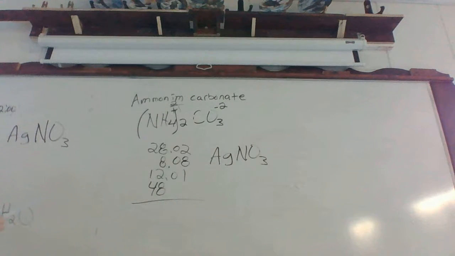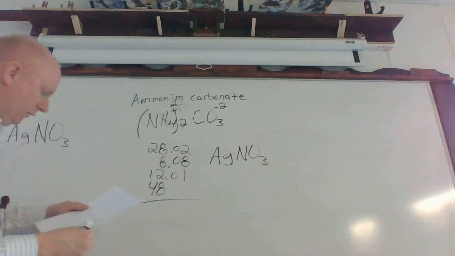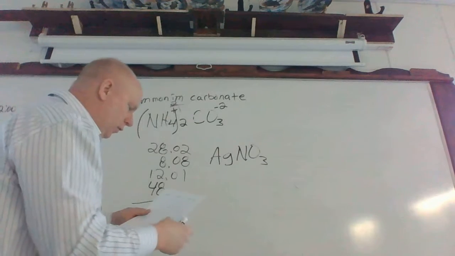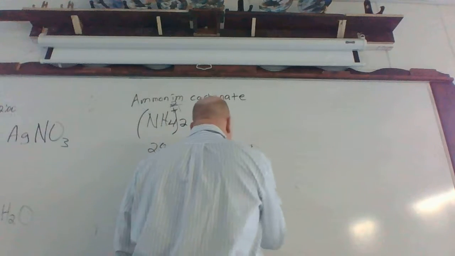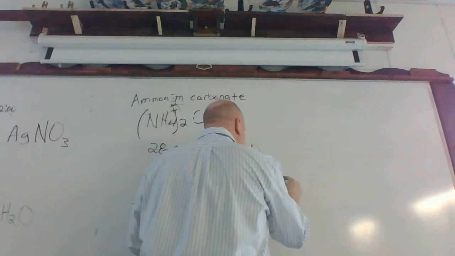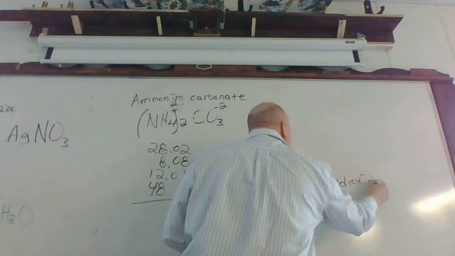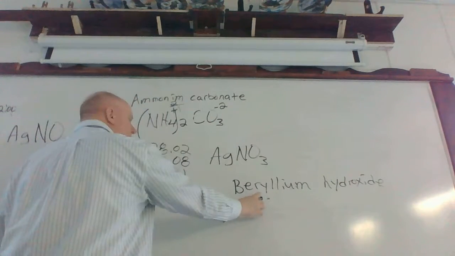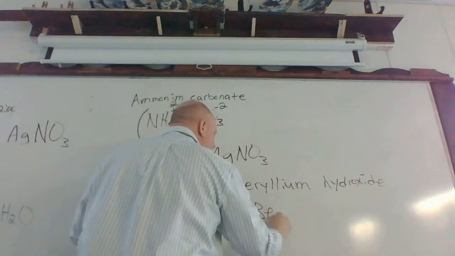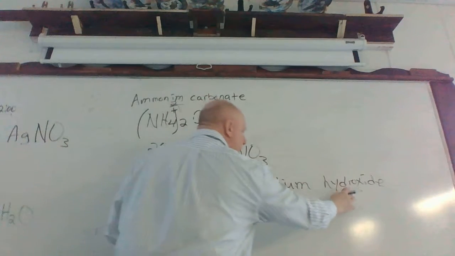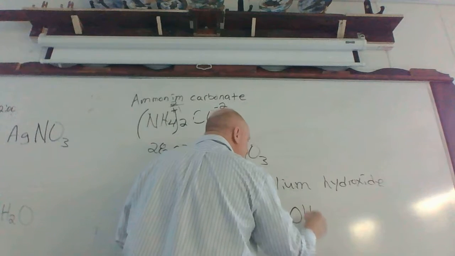Looking at the back side, let's just go ahead and pick one of these. We'll do beryllium hydroxide. The symbol for beryllium is Be, and the formula for the hydroxide ion is OH.